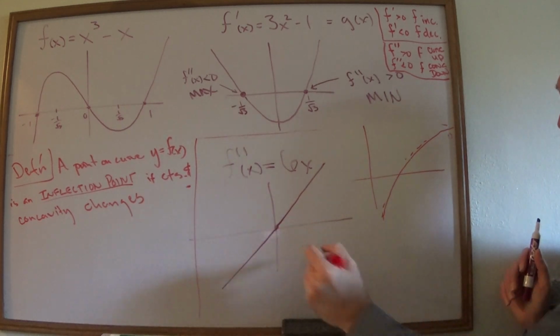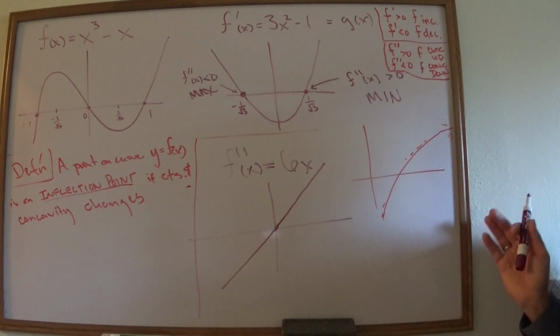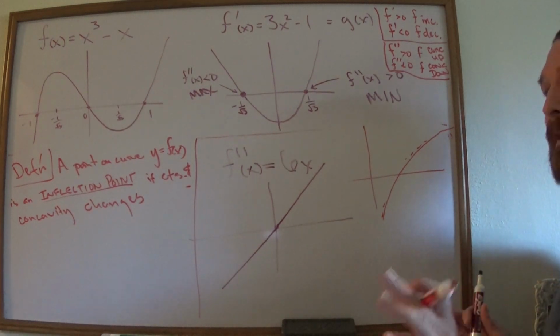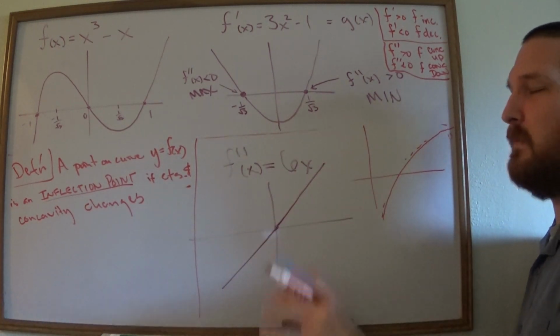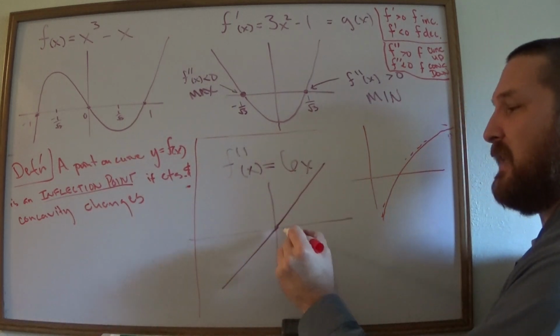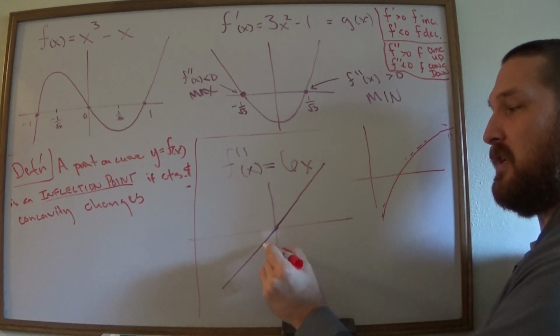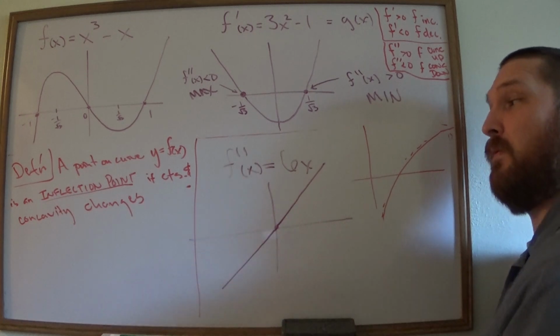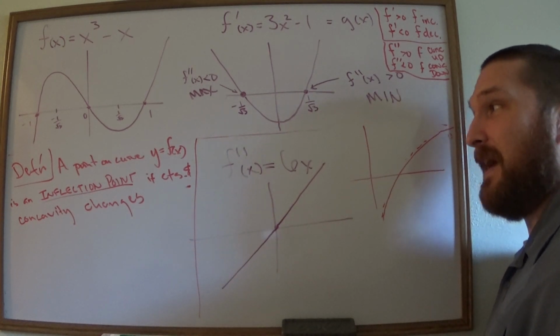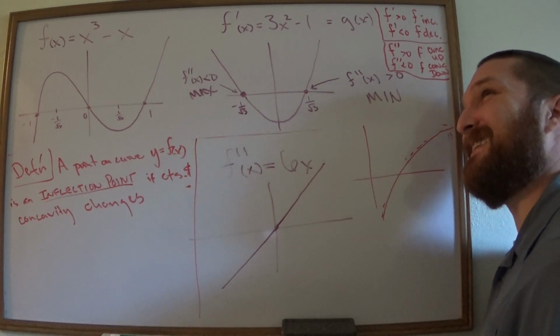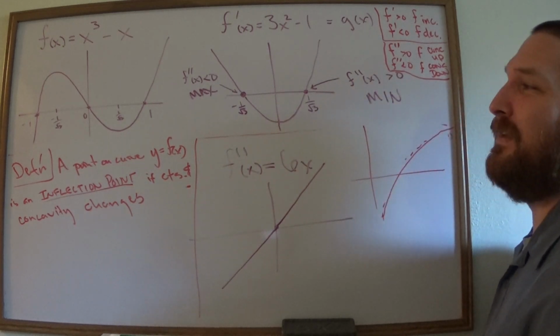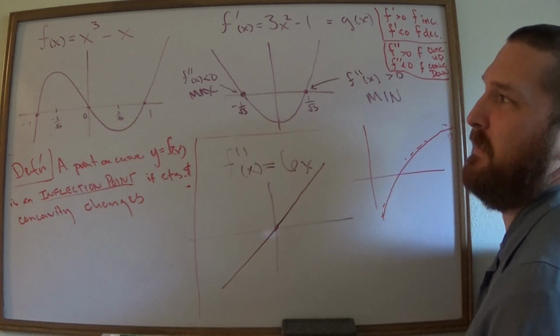If it touches and bounces back, yikes! We can't make any definite statements. Don't worry about that too much. But an inflection point is when the concavity changes. That happens when he goes through right there. Take the second derivative and set it equal to 0 to find your inflection points.